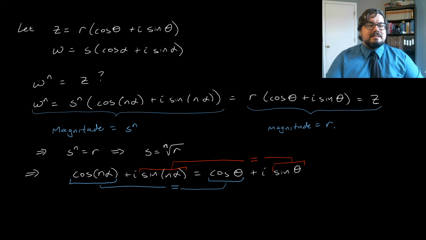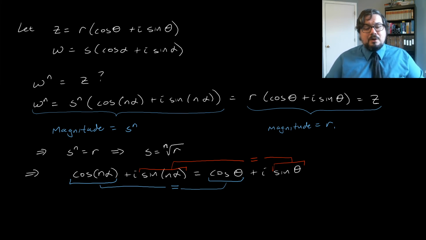Now, of course, this doesn't mean that n times alpha has to equal theta, because cosine is periodic, and if two angles differ by 2 pi, or a multiple of 2 pi, then they have the same cosine and they have the same sine.